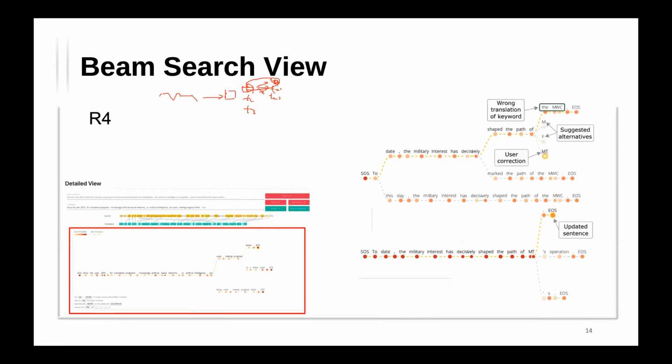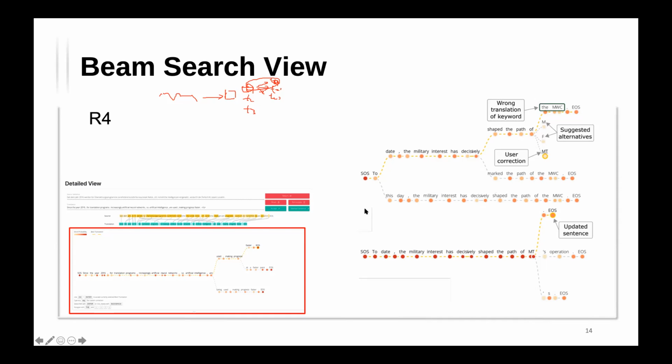Okay, keep going on. Yeah, and this beam search algorithm is quite useful to offer some alternative translations, so that the expert doesn't need to, they can just maybe select one and accept not the best one but the second best one. So here, for example, they offer 3 alternative translations represented in a tree-based structure.